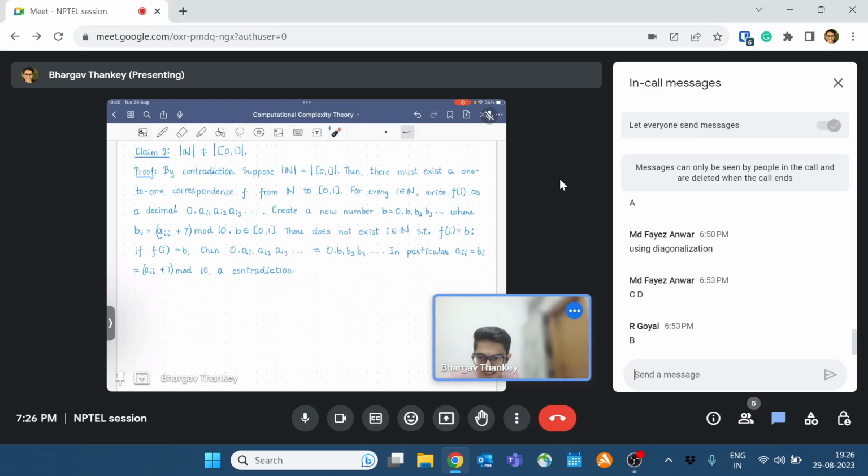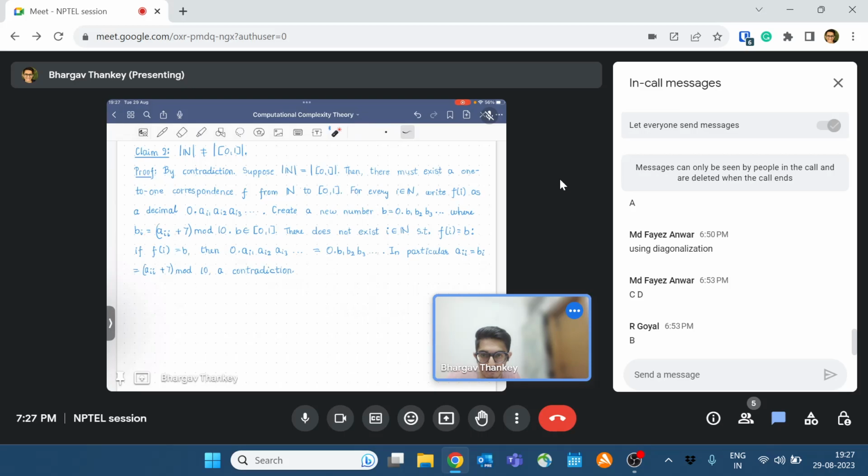At least till now, are you convinced that B_i is well defined and it's between 0 and 9? Yes. Then if B_i is between 0 and 9, B is a valid number between 0 and 1.